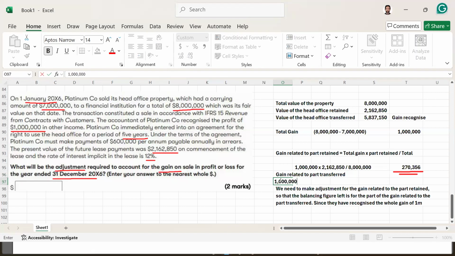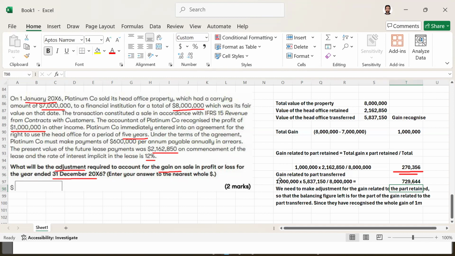1 million multiplied by the part that has been transferred, 5,837,150 divided by the total value, which is 8 million. So this is the value which is related to the part that has been transferred. We can just calculate it, or we could just take the total gain 1 million, and take away this part that is related to transfer.